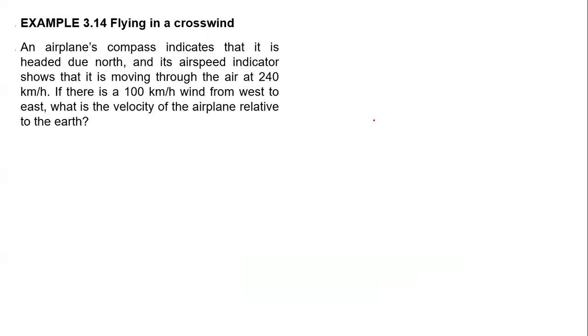If you have an airplane whose compass indicates that it is headed due north, and its airspeed indicator shows that it is moving through the air at 240 kilometers per hour, and there is a 100-kilometer-per-hour wind from west to east, what is the velocity of the airplane relative to the earth?